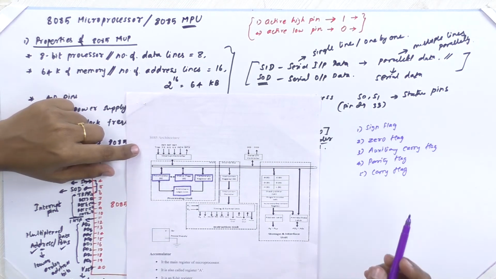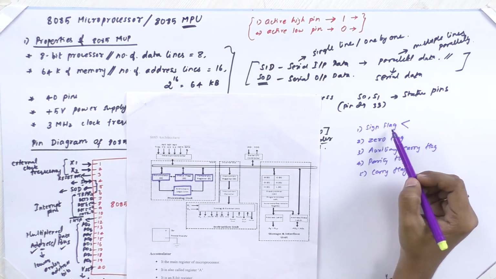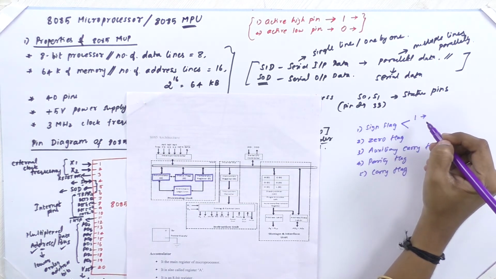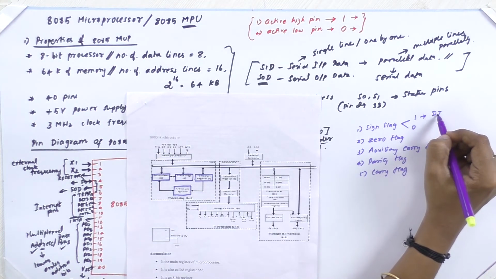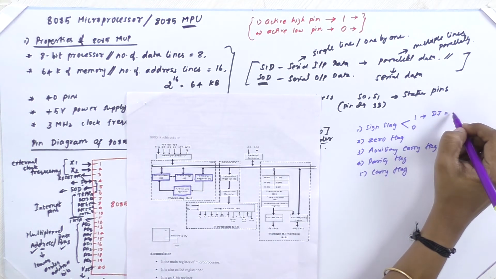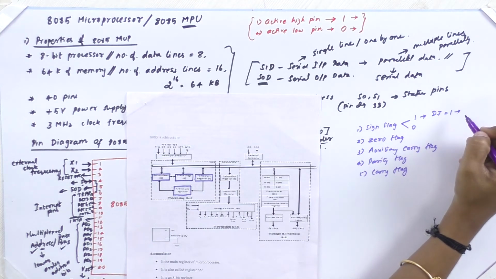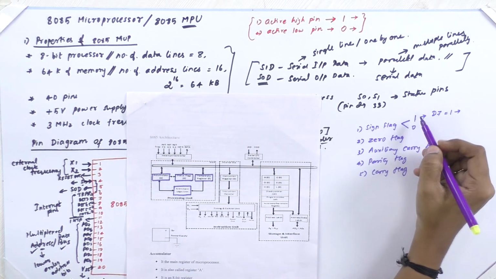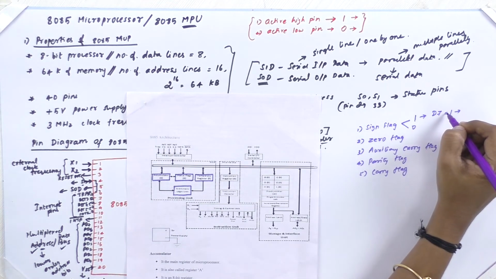So the first one is the sign flag. The value of the sign flag is set to 1 whenever the value of the D7th bit is 1.